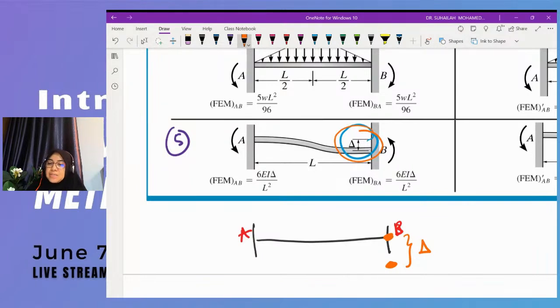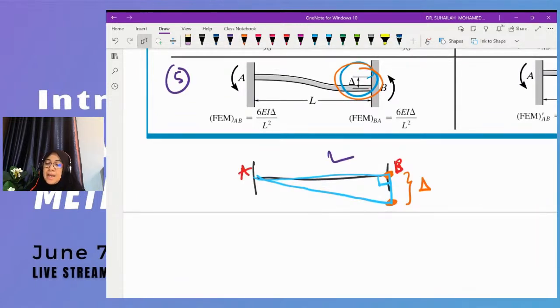Due to this we will get one triangle if we join this. So this is delta, this is the triangle which has a perpendicular like this, and this is the L. And due to delta, there are fixed end moments which also exist at A and B, at both supports.